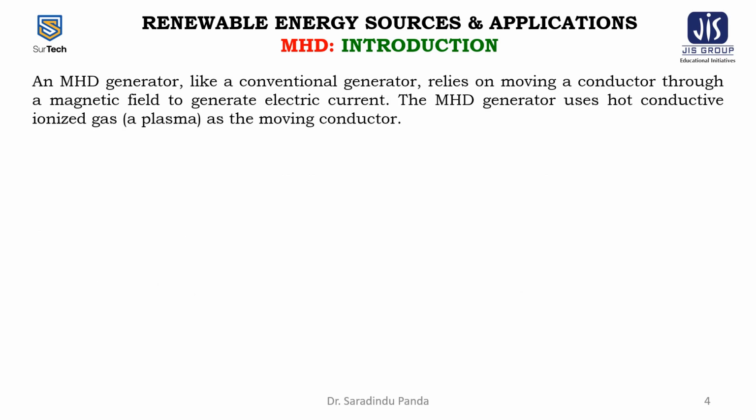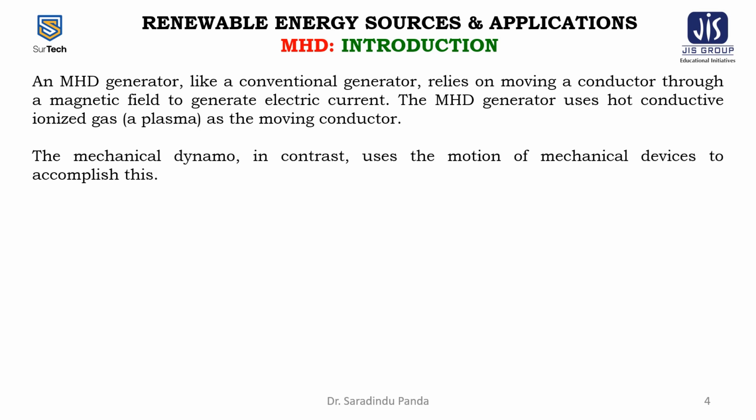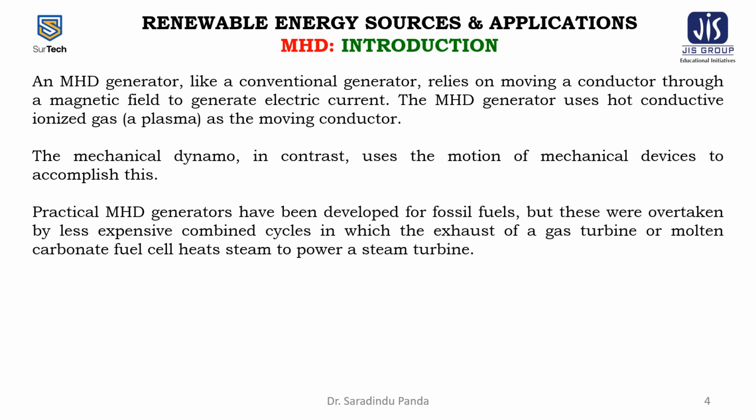An MHD generator, like a conventional generator, relies on moving a conductor through a magnetic field to generate electric current. The MHD generator uses hot conductive ionized gas, which is called plasma, as the moving conductor. The mechanical dynamo, in contrast, uses the motion of mechanical devices to accomplish this.